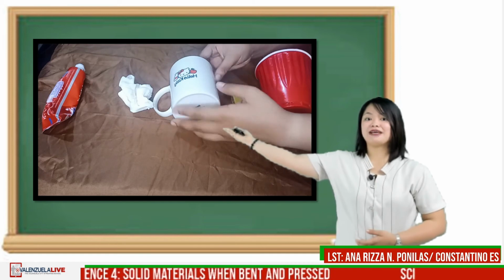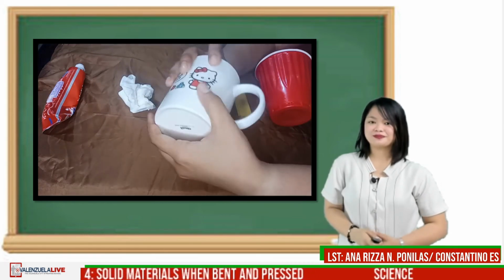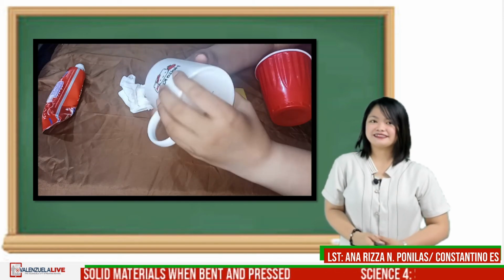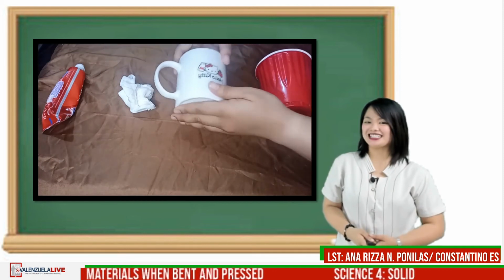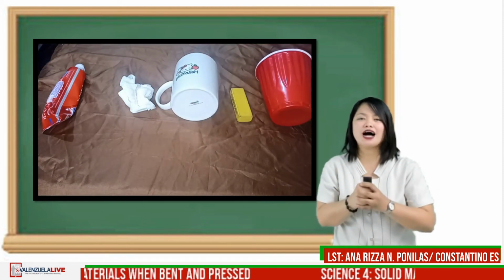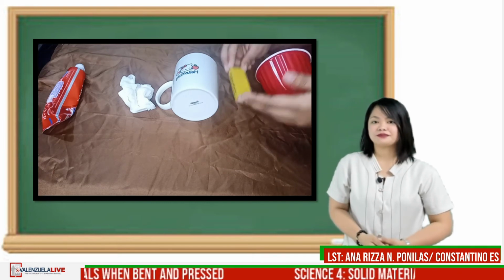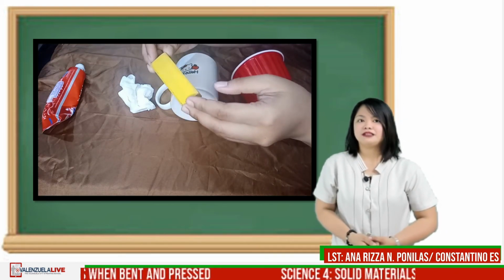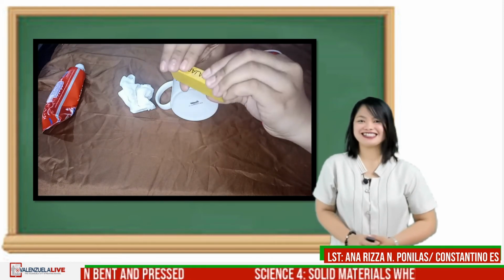Next is the ceramic mug. Can it be pressed? No, it cannot be pressed because it is too hard and its shape and size do not change. Next is a small block of wood. Can it be pressed?